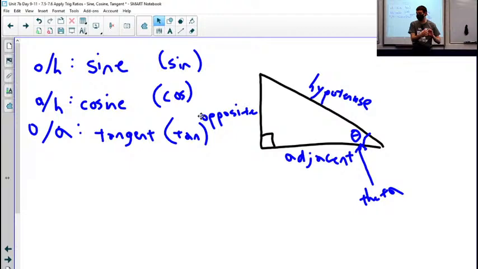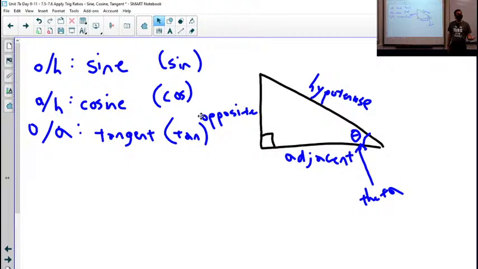So I'll say that again, because that's the big picture: trig is going to allow us to jump from sides to angles, or the other way around, to using angles to solve for sides. We're going to be using angles that we know to solve for sides that we don't know. So we'll look more at that tomorrow.